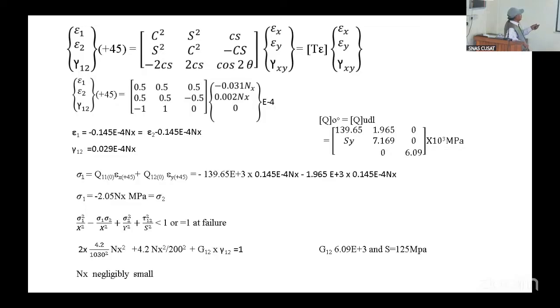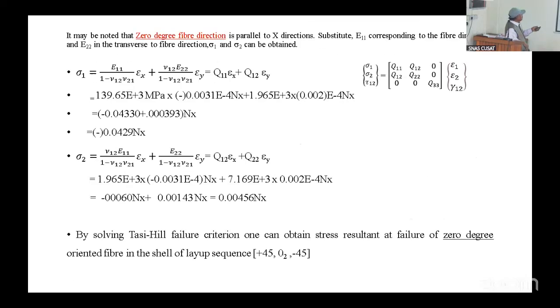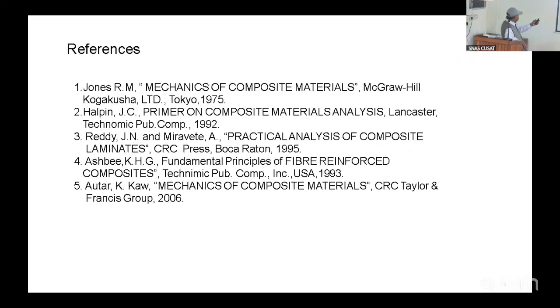Put it here, and you will get the value along 1 and 2. Here 1, here epsilon x. Here you will have 1, 2 and also you have to take the value.